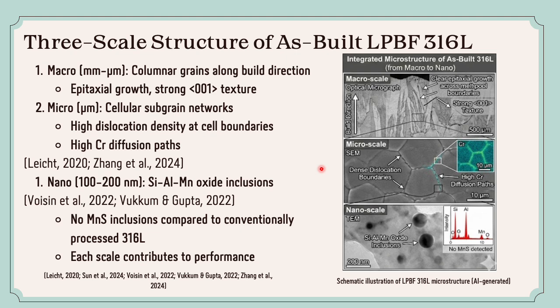At nanoscale, small silicon, aluminum, manganese oxide inclusions can be observed. Unlike conventionally manufactured 316L, LPBF 316L typically contains few or no manganese sulfide inclusions. Together, these macro, micro, and nanoscale features contribute to the strength, corrosion resistance, and overall performance of the material.